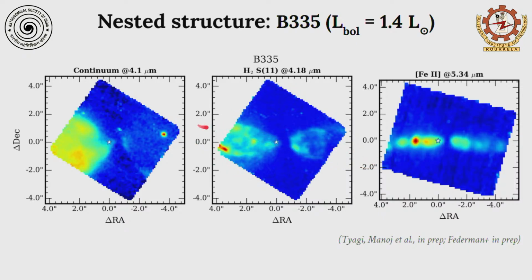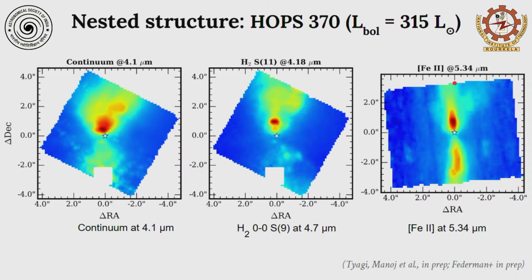This is much narrower than the cavity, so this is not material in the cavity wall being entrained. This is actually material being driven probably from the disk. And of course in [Fe II] you see a much more collimated structure. Same for a slightly more luminous protostar, HOPS 370: this is the continuum at 4 micron, the S(11) line, and the [Fe II] jet, much more collimated. So that's the nested structure in morphology.